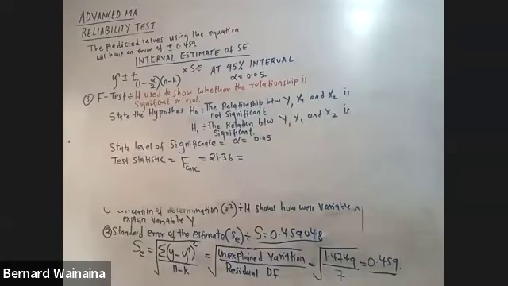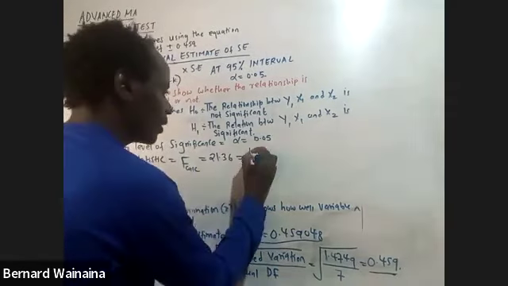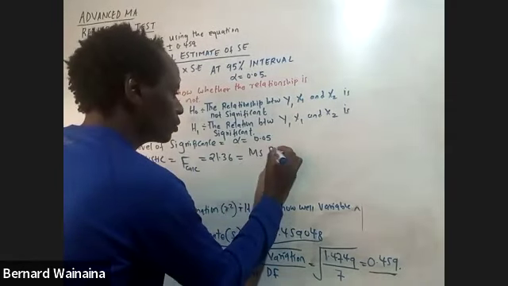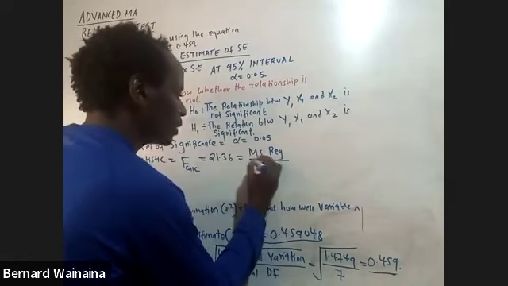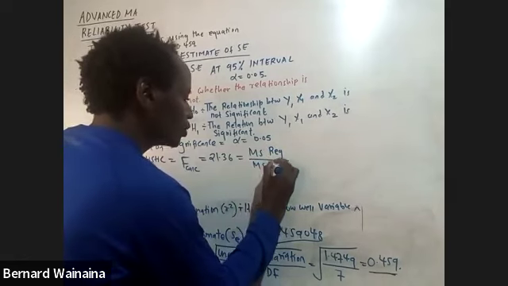Someone remind us. How do we find F? Yes, I have remembered. You take the MS of the regression and divide it by the MS of the residual.